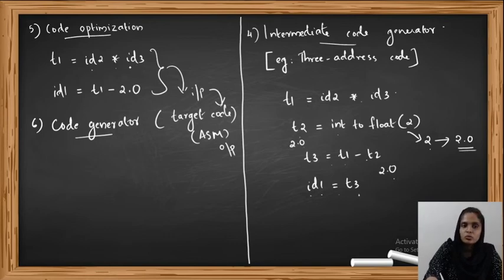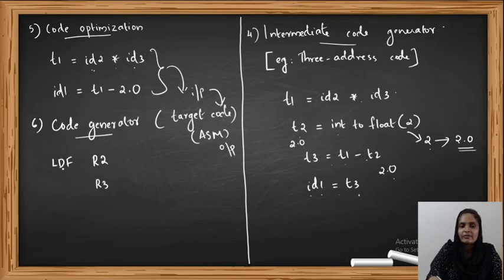In order to do that, first we have to load the values of ID2 and ID3 into some registers. For that I am using register R2 for ID2 and R3 for ID3. The instruction is LD for load, and F, LDF, to denote that the identifiers ID2 and ID3 are floating values.